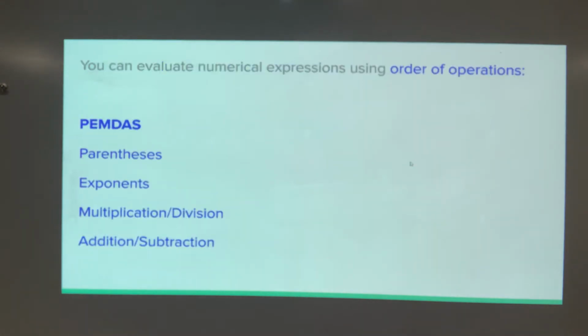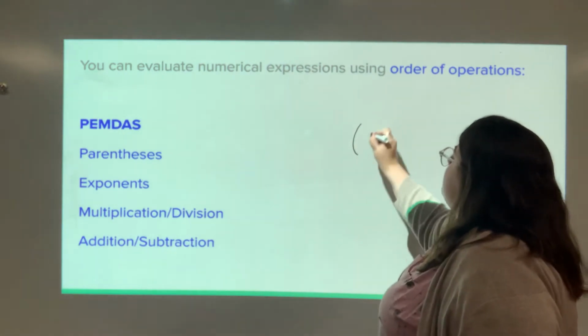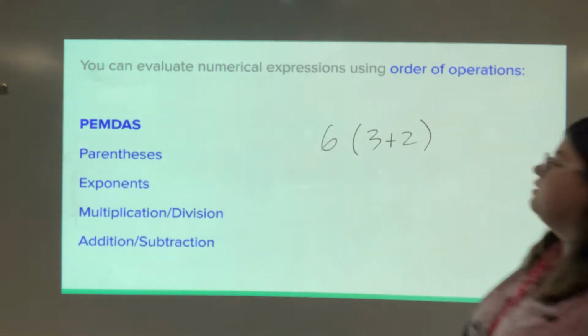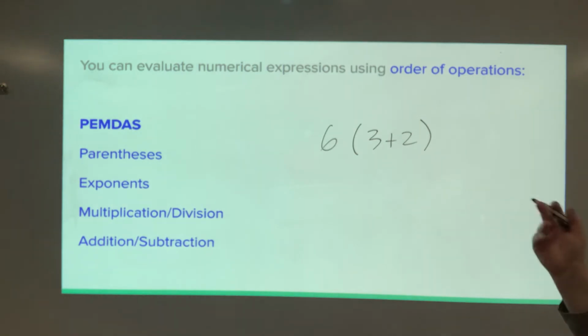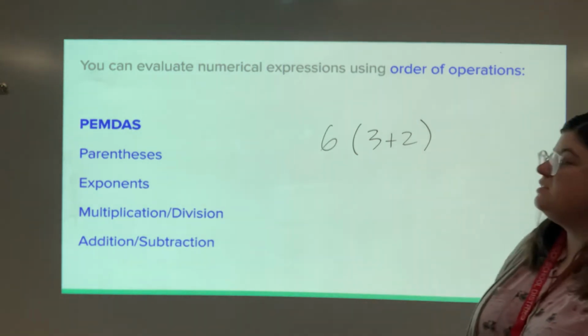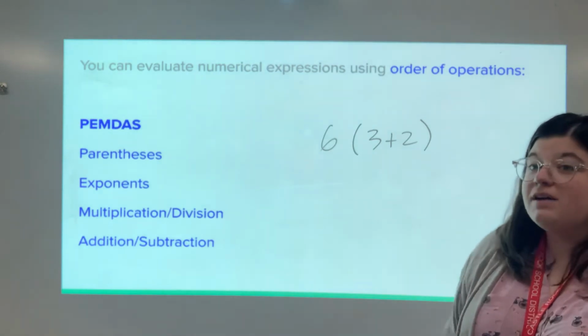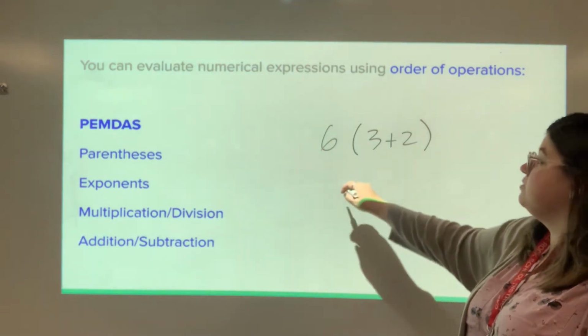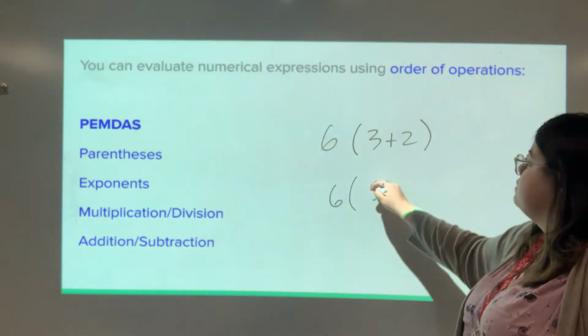You can evaluate if you just have numbers in your expression. We should be familiar with order of operations. So what if I had 6 times 3 plus 2, right? Parentheses, again, this is something you should know. PEMDAS, parentheses do what's inside first. So inside I have addition, so I'm going to take care of that first.